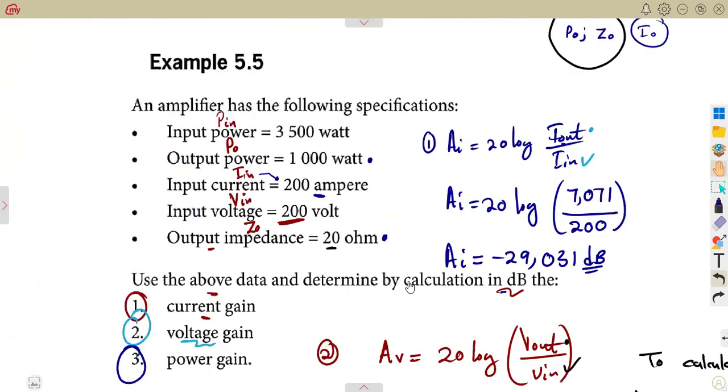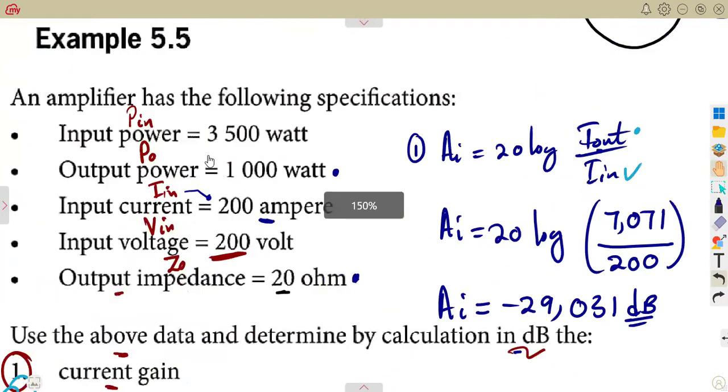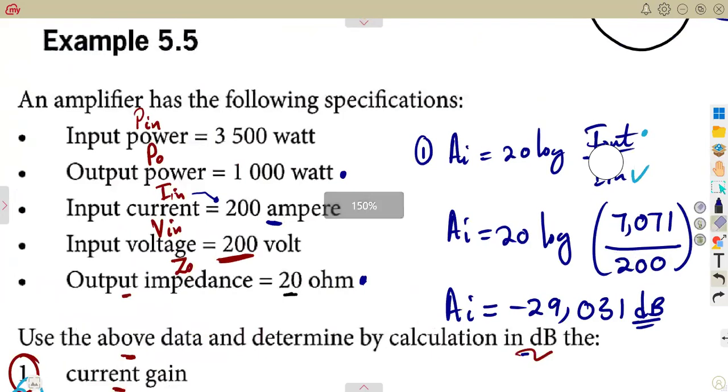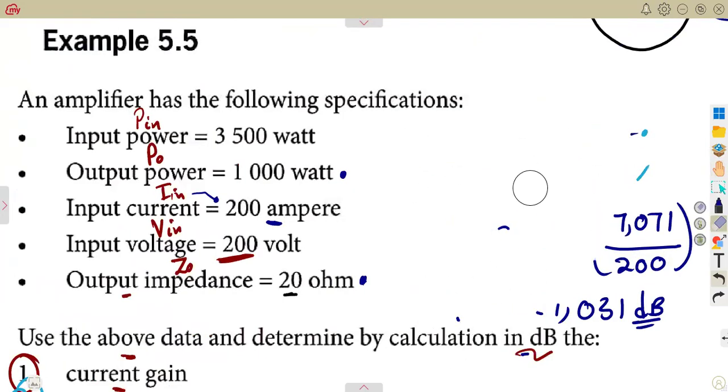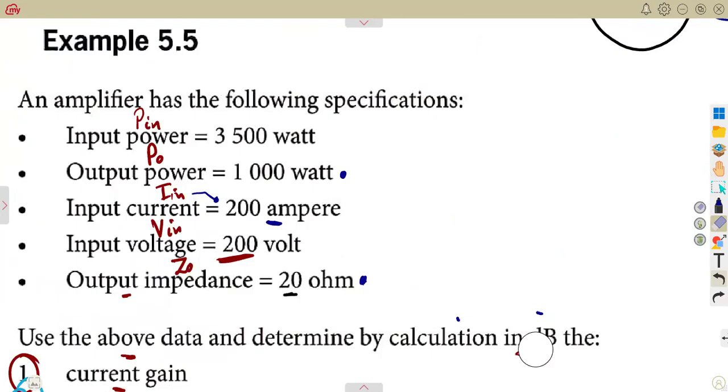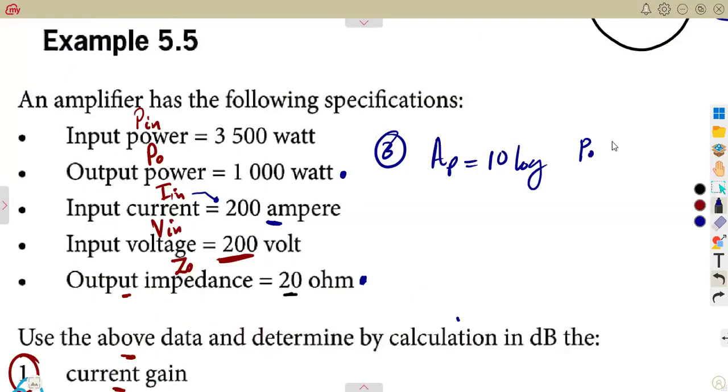All right, another part was the power gain. For the power gain, we already have everything. The input power and the output power are given. So for the power gain, this was just going to be a direct formula. Remember, we said the power gain can be given from 10 log P out over P in. This is measured in decibels.